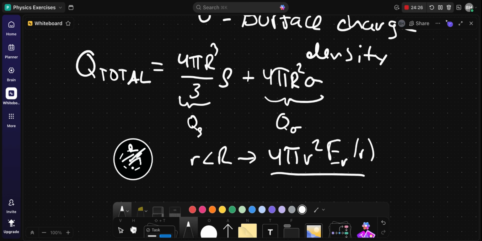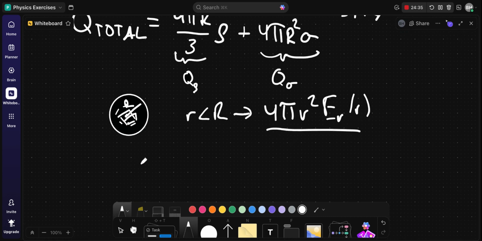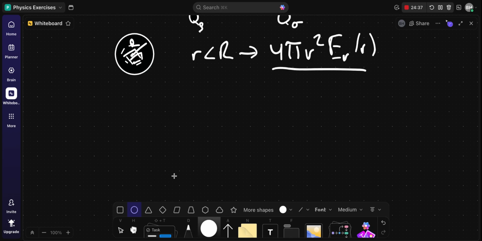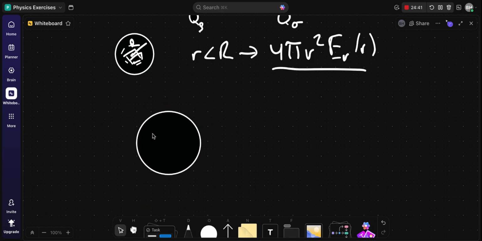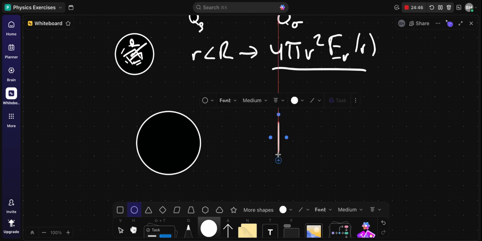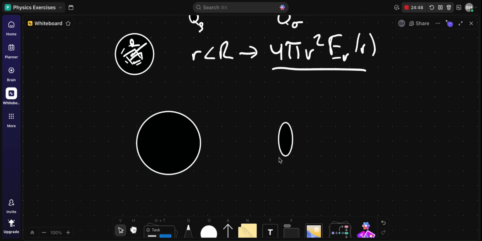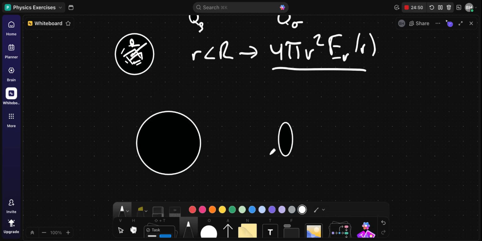And the charge included has nothing to do with the surface charge density, right? Because this sphere, let me try to draw those spheres a little better, bigger. So here's one of them, and this is the Gaussian surface.